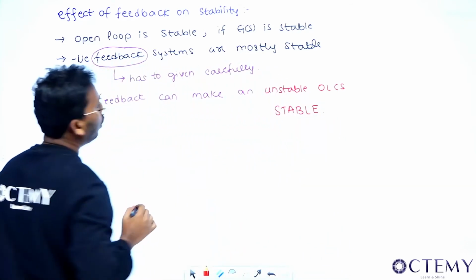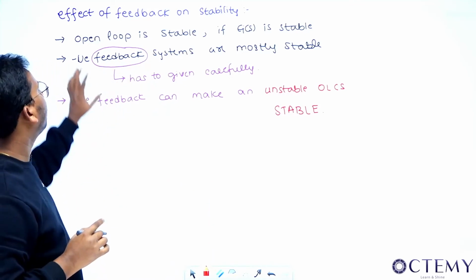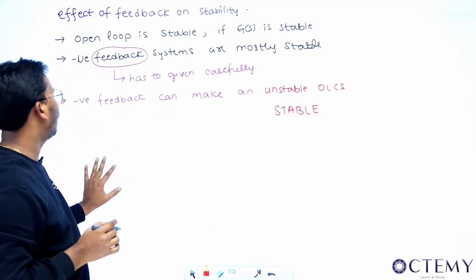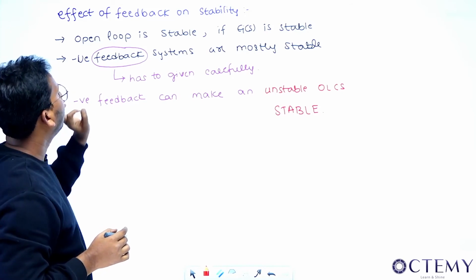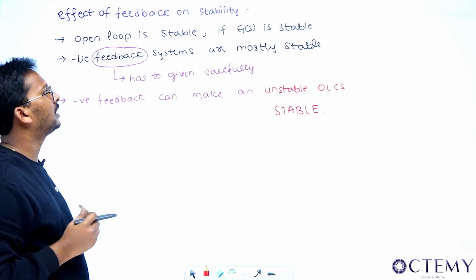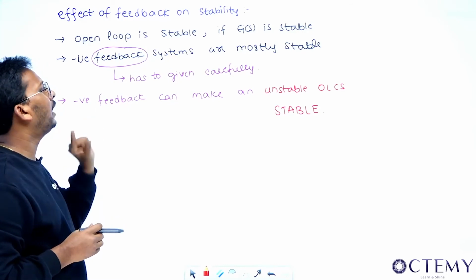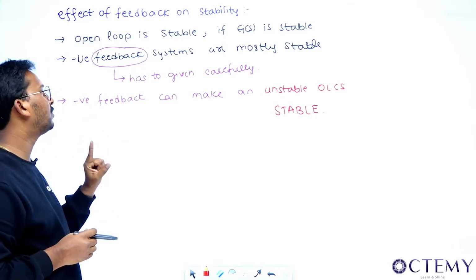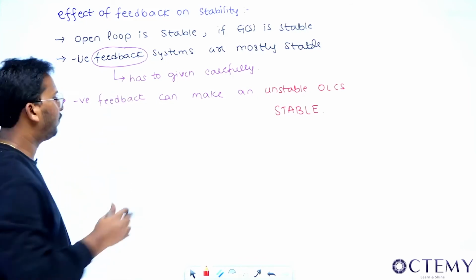Now, we can talk more about this in the stability chapter, sir. But from this chapter, with the knowledge you have, you just understand that an open loop system is stable if your G of S, the open loop forward path transfer function, is stable, and feedback can make a system unstable also and the system stable also. So it has to be given carefully.